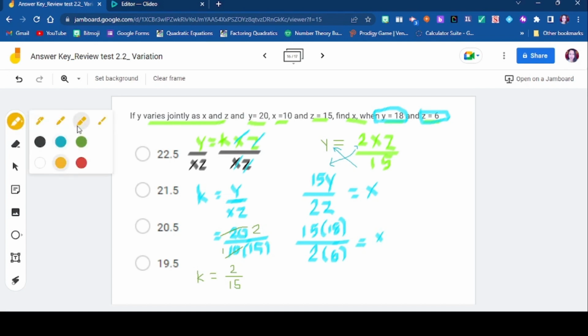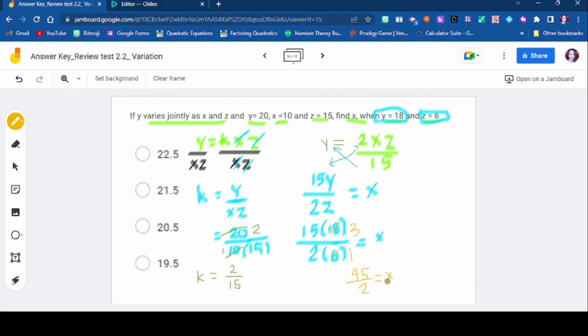It's up to you which numbers you're going to pair up. For me, I would like to pair up 18 and 6 since they are divisible by 6. So 18 divided by 6 is 3 and 6 divided by 6 is 1. 15 and 2 cannot be simplified. So all you have to do is multiply 15 times 3, that is 45, over 2, which is x.